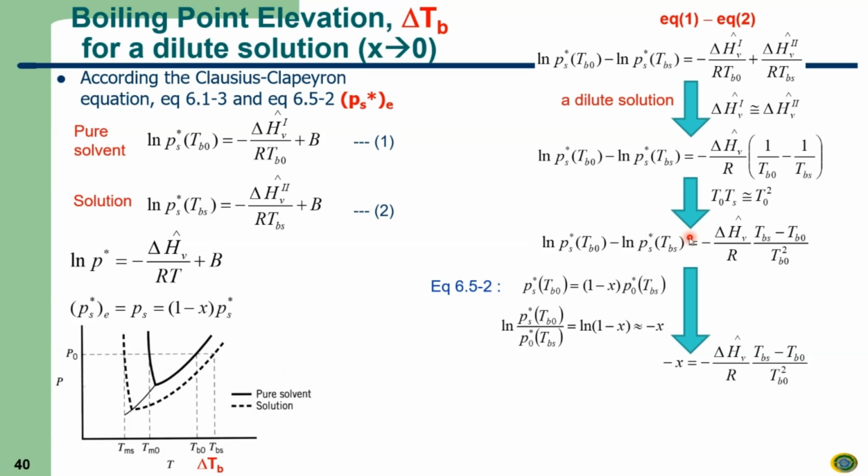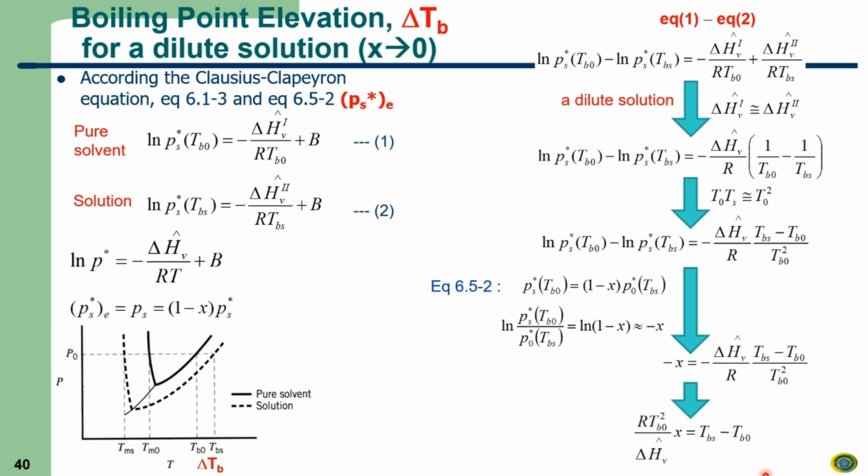Okay, so once you rearrange the things on the left hand side and right hand side, now you get this. And then again you rearrange this equation, become like this. You just leave the TBS minus TB0 here on the right hand side, and you move others to the left hand side.